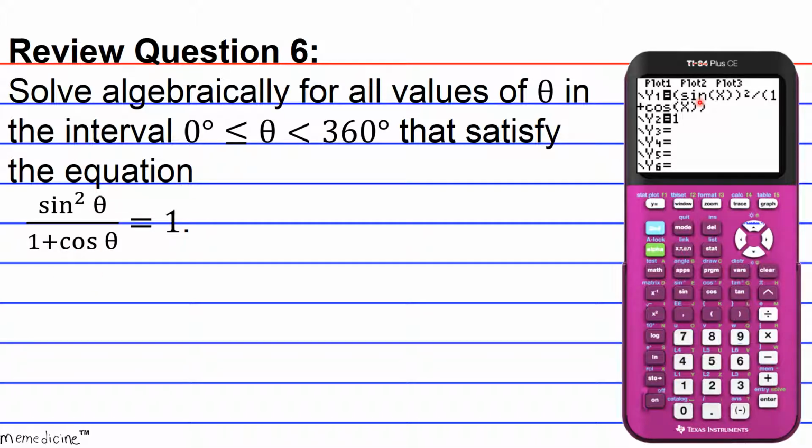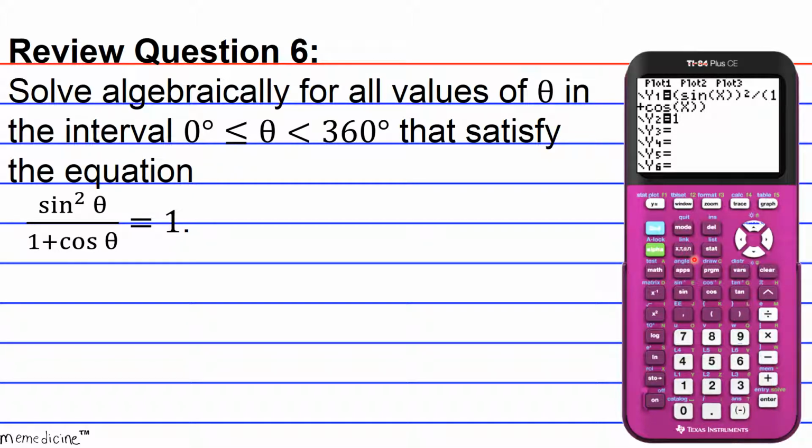So what you're going to do first is isolate the top numerator by itself by opening up a set of parentheses. So you press open parentheses to get this. Now you press sine, and then you hit the x, which is hidden in your variable button, X,T,theta,n, okay?